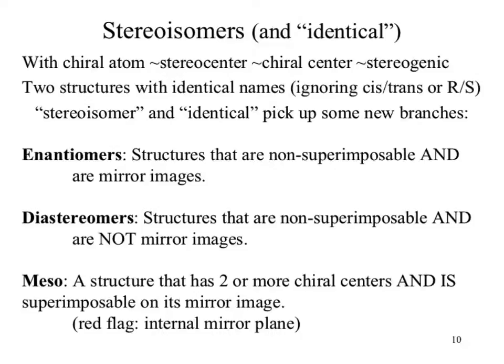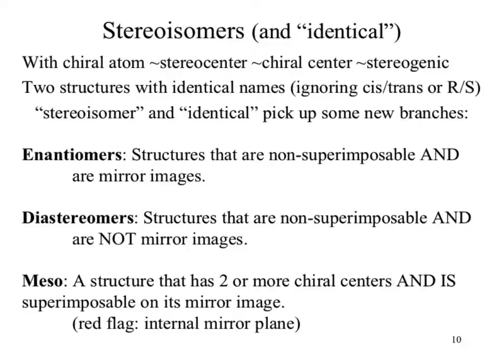But what happens if I have more than one chiral atom? I still have the option for enantiomers, but I also can generate a new set of structures that don't fit any other definition. Diastereomers come into play. Okay. The instant I bring in that second stereocenter, it also sets me up in a situation where I can draw 2 structures that appear to be different from each other, but are indeed identical.